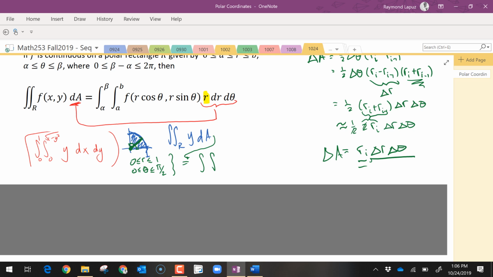So what's y equal to again? r sine theta. So that's y. And then my dA is going to become r, so there's an extra r that pops up here, and then dr d theta. Before I write d theta, I'm going to stop at dr for a second. r limits are from what to what again? 0 to 1. So that was already figured out. And then my theta limits, d theta, go from 0 to pi over 2.